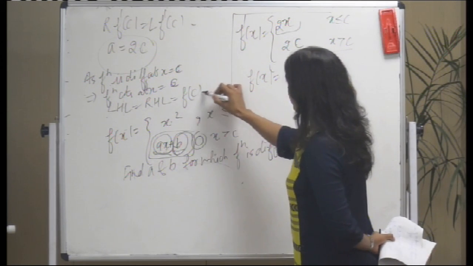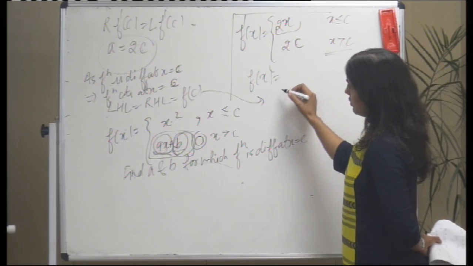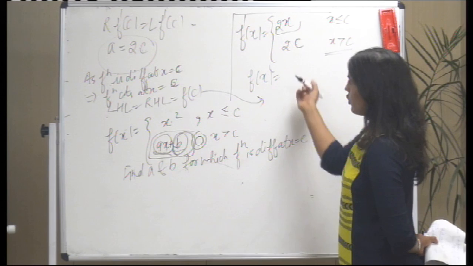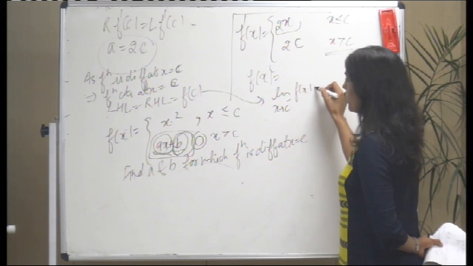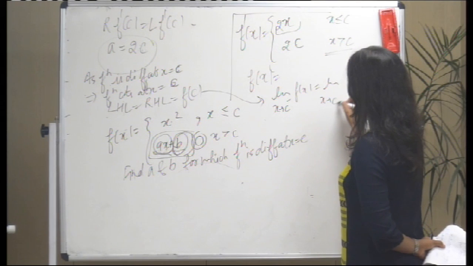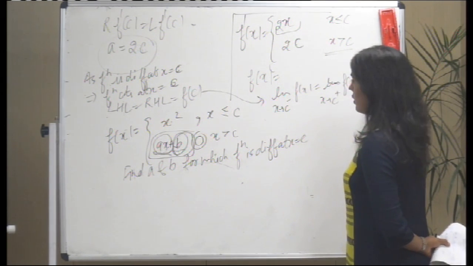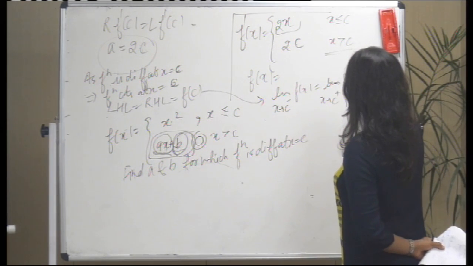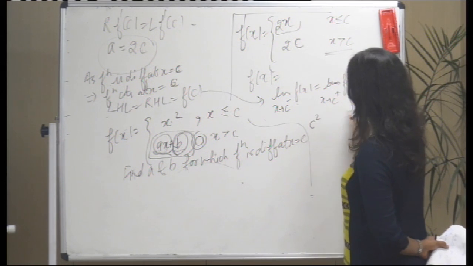Now what will you get? LHL will be this x square, and when you substitute, limit x tending to c minus f(x) equals limit x tending to c plus f(x) equals f of c. F of c is c square. So this is c square, this is also c square.